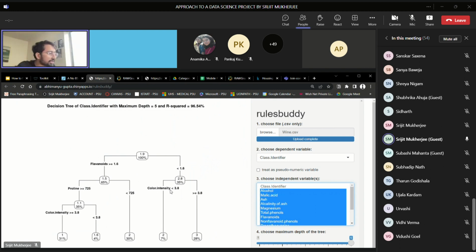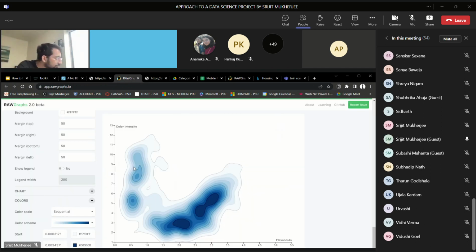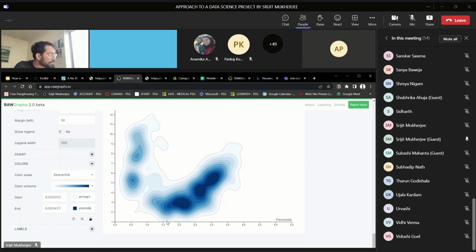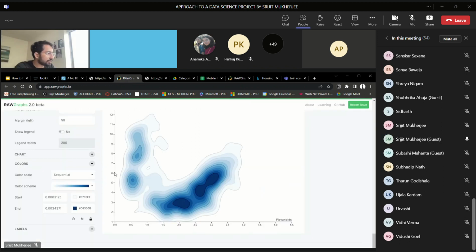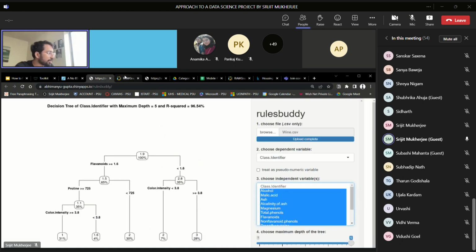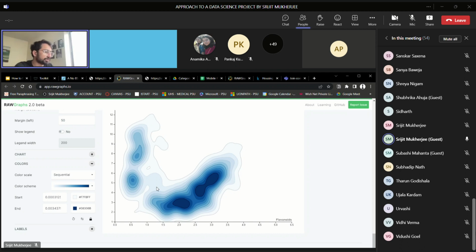Flavonoids greater than or equal to 1.6, less than 1.6, and color intensity less than 3.8 is this region. No, sorry, I'm getting confused. For flavonoids less than 1.6 and greater than 3.8 is this region. This is one cluster. The upper one is cluster number 3. This is cluster number 2, which is a very small portion.